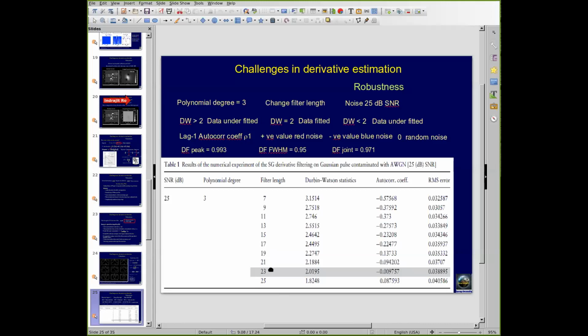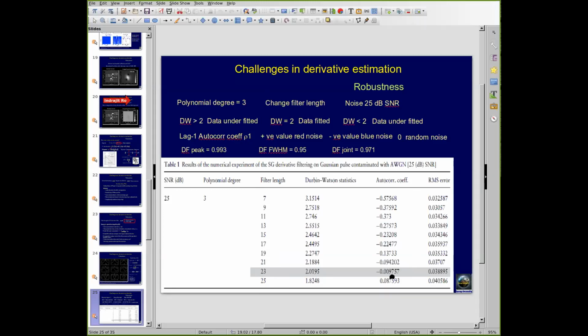So what we found in this table is that when the polynomial order is kept at 3 and the data has a noise of 25 SNR, then if the filter length is increased by 23 samples, the Durbin-Watson statistic is very close to 2, and the autocorrelation coefficient becomes very near to 0.